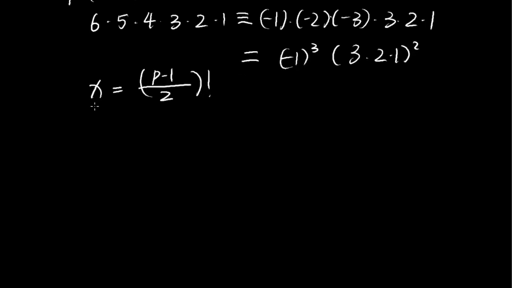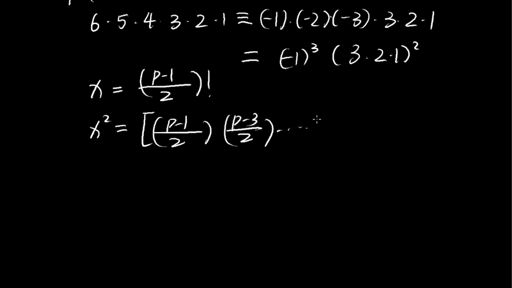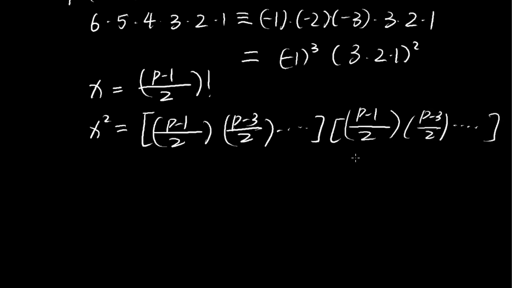In this sense, if we square x, we can write it out and expand it, and there are two expressions, one running up to 1 and the other the same. But in the previous observation, we can use p to subtract from every term here, and p minus this is equal to negative (p plus 1) over 2.